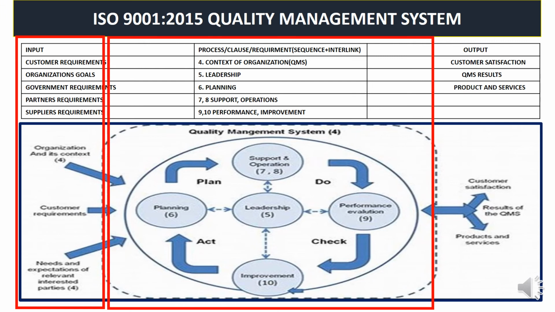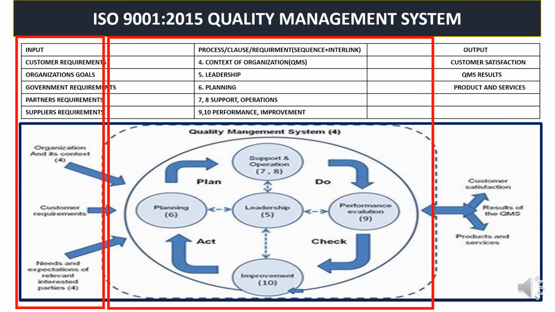Why is it like this? Because there are 4 clauses in clause number 4 requirements. 2 are for the input and 2 are for the entire quality management system. That's why you can see in the diagram, quality management system is written outside the main circle but inside the dotted rectangle. It works for the entire quality management system.